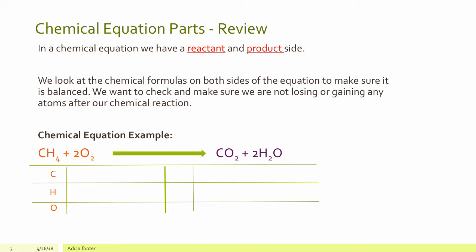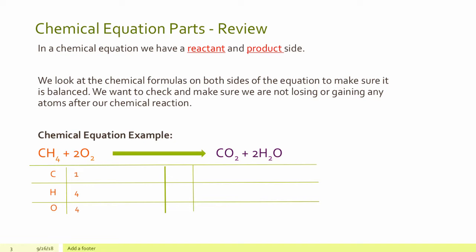For C, there's no subscript, no coefficient, so I should have 1. For H, there's a subscript of 4, no coefficient, so I should have 4. And then for O, we have 2O2, so the subscript 2 means there's 2 oxygen atoms. Coefficient means there's 2 molecules of that, so there should be 4 oxygen atoms altogether, and that's what we get.